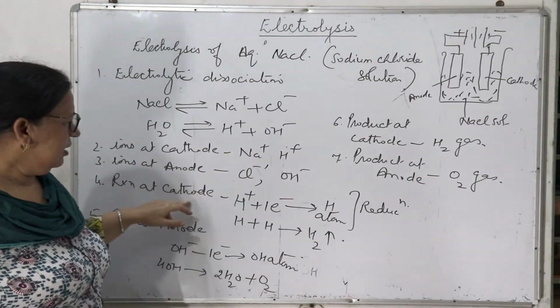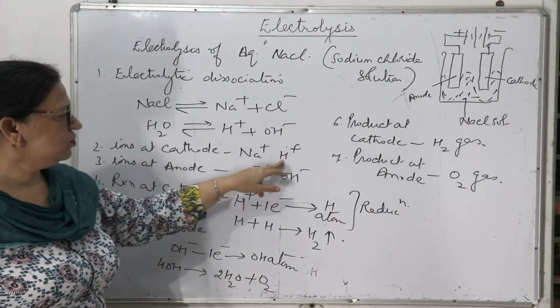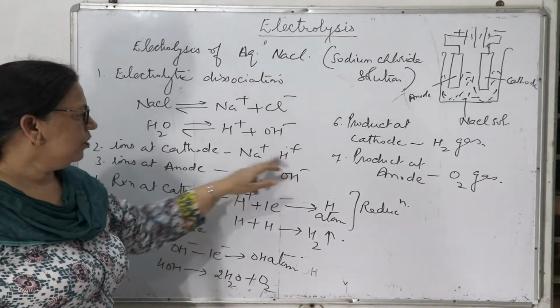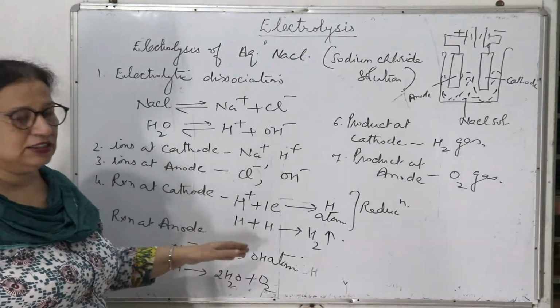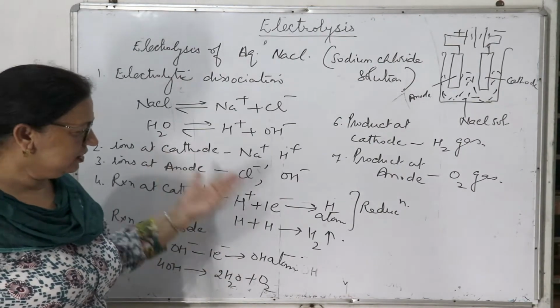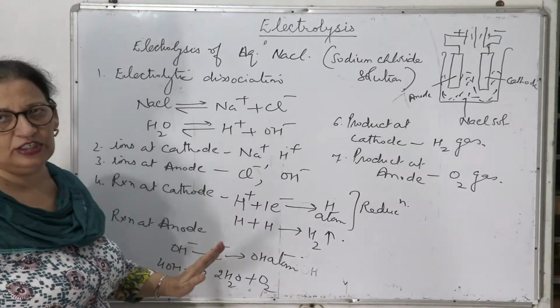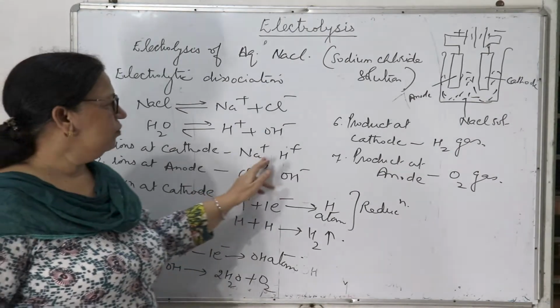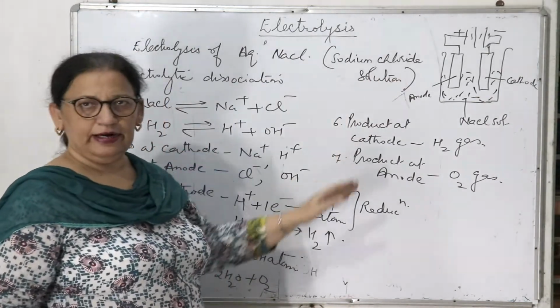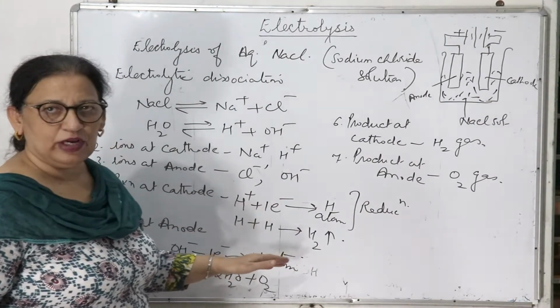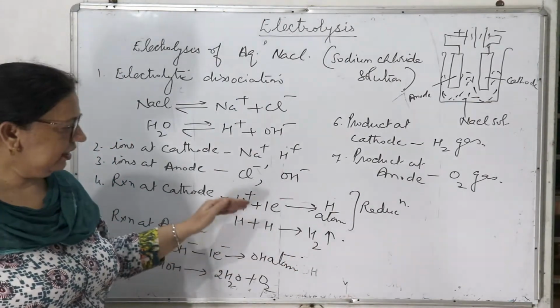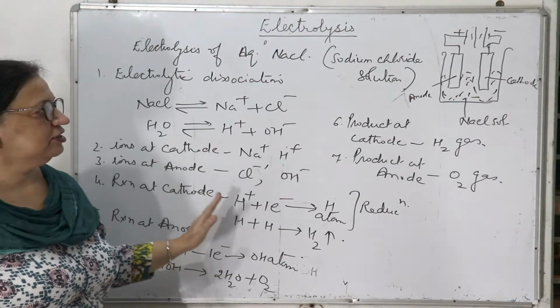Here there are two positive ions and two negative ions. Then we have to see the electrochemical series: the one at the bottom will get discharged. Both ions move towards the cathode and anode, but which will get discharged depends upon the electrochemical series, and the one at the bottom will get discharged.